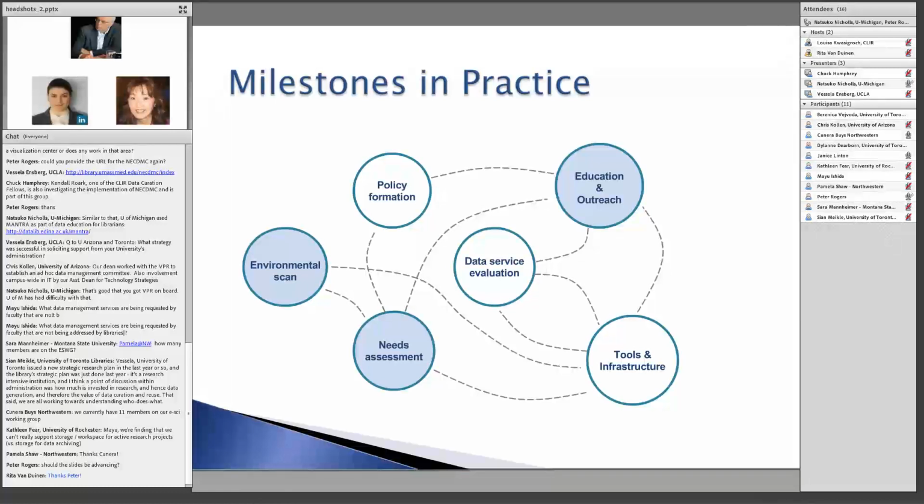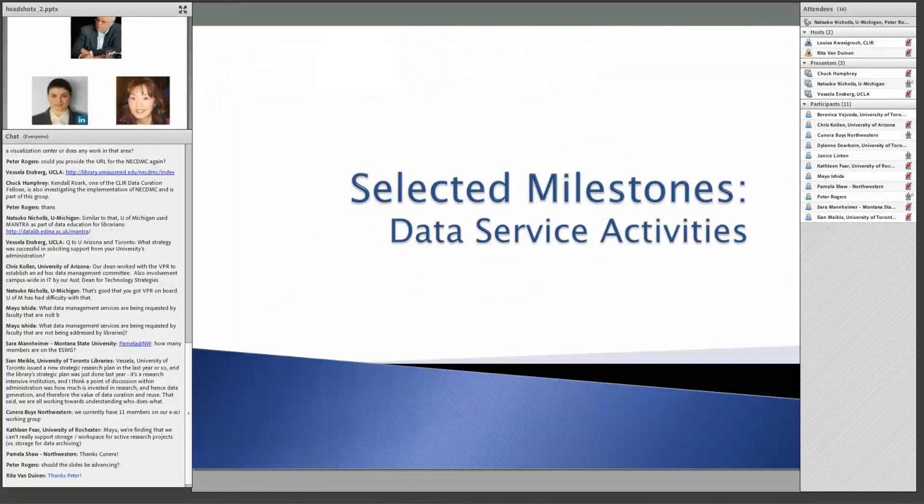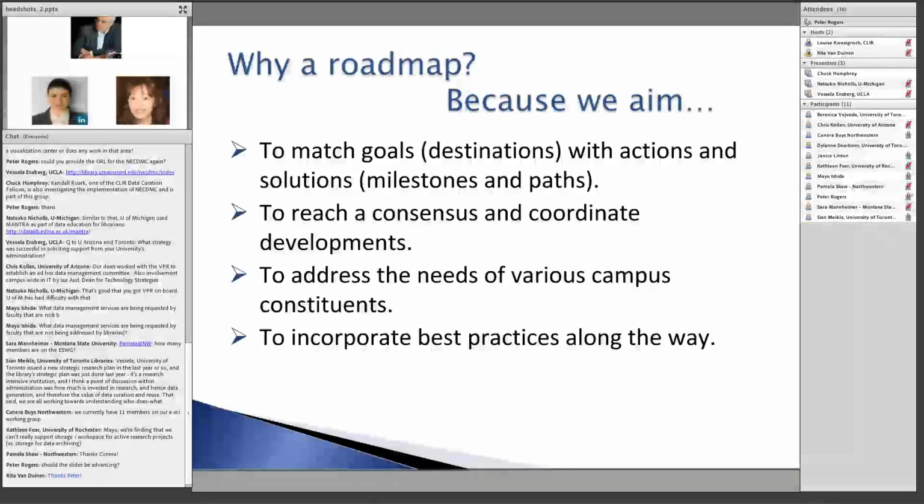We did environmental scanning to identify who's involved in providing current research data services, and we realized that we've been very successful in providing data services in terms of visualization and geospatial data services. But we, of course, noticed that there were no services giving guidance in data management planning.